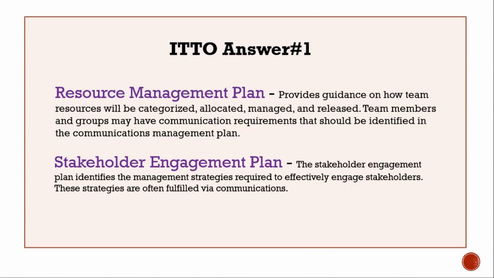Answer: resource management plan and stakeholder engagement plan. These are the two plans from project management plan that gets integrated into communications management to establish effective communication channels. See the slide for more details.